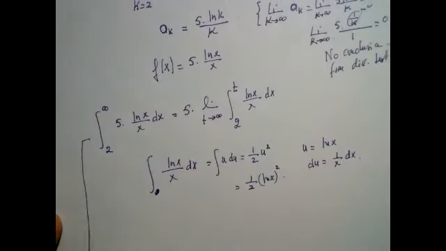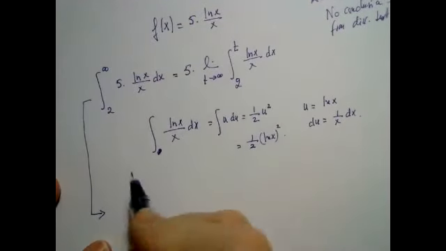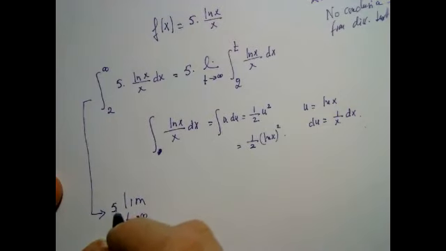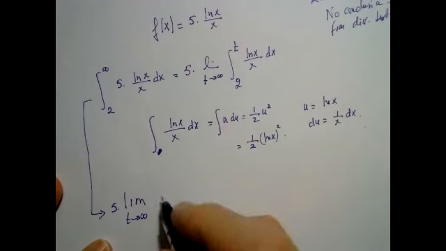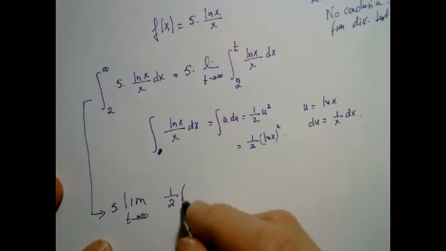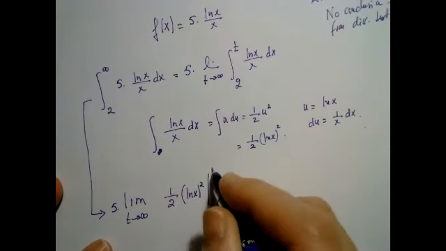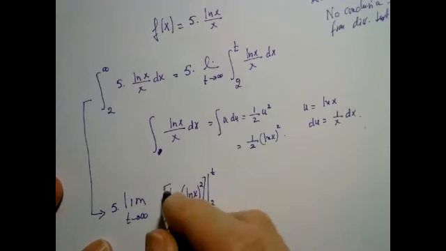So this integral is equal to the limit as t goes to infinity of, so 5, I can keep it here, the antiderivative, so it's 1/2 ln of x squared evaluated between 2 and t.